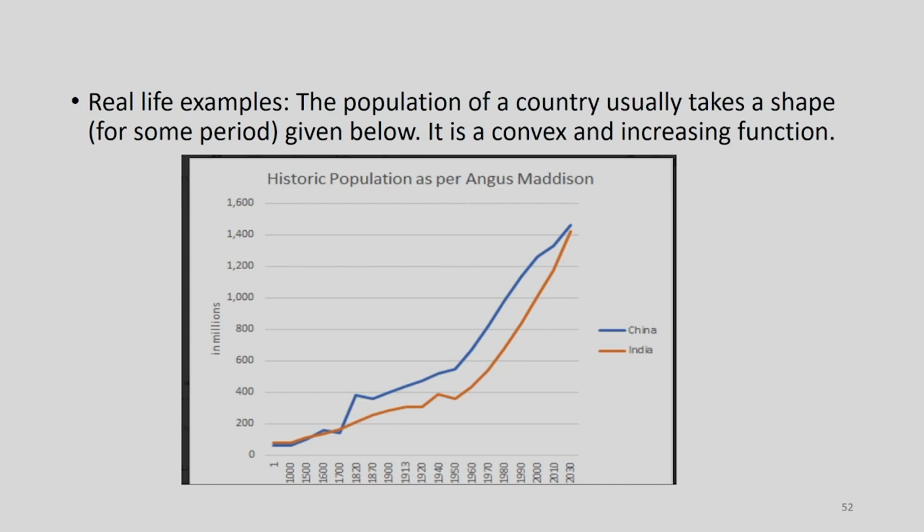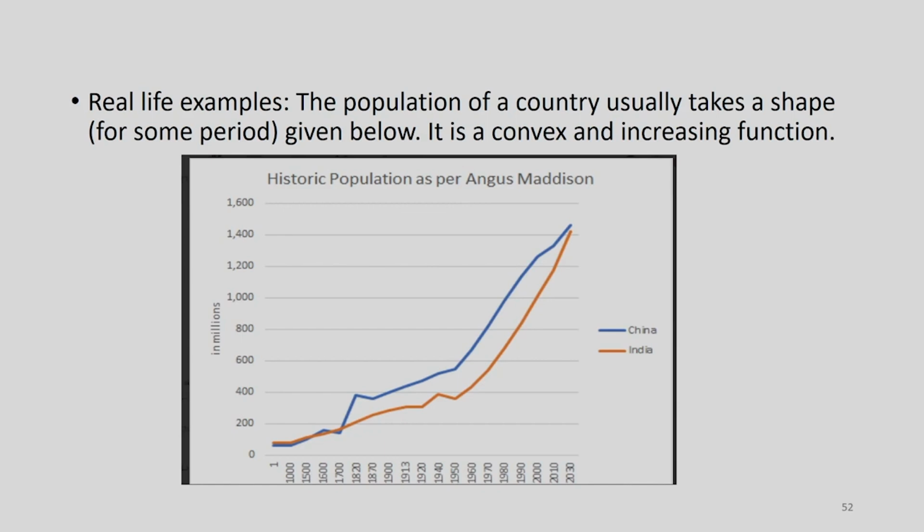The population of a country usually takes a shape, at least for some periods, as given below. It is a convex and increasing function. Here I have taken two examples. One is China's population and the other is India's population.